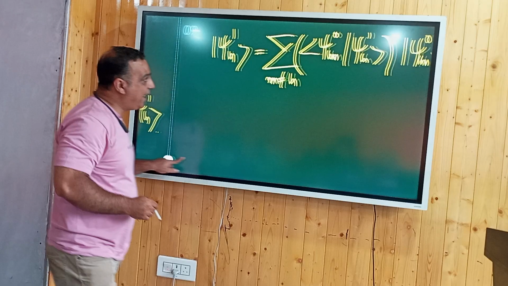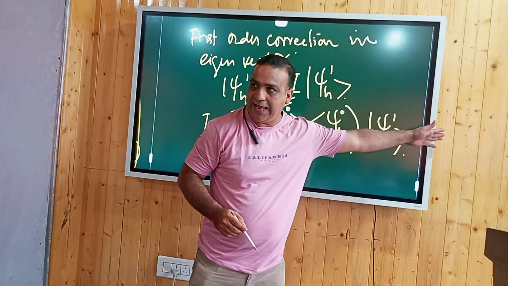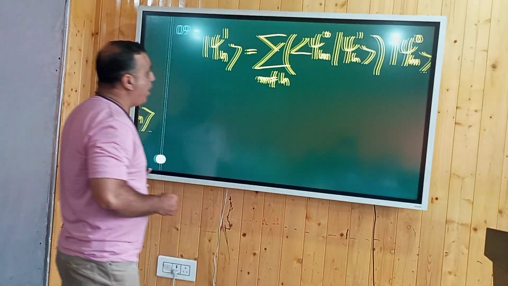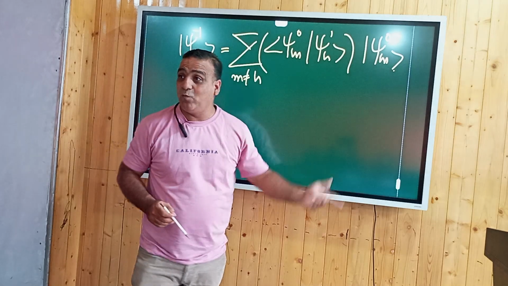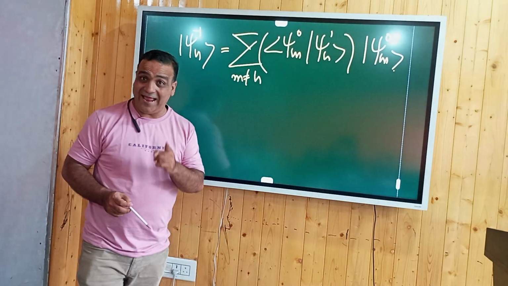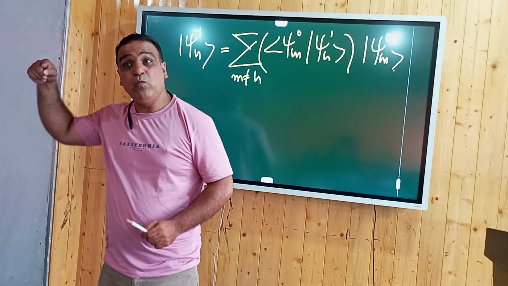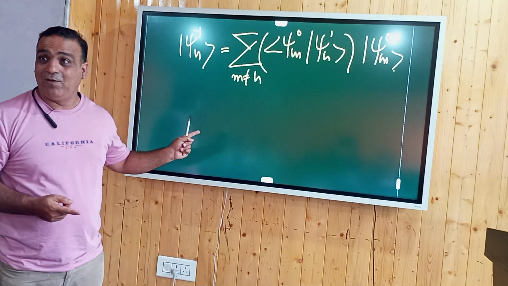Okay, you can see all I have done is I have got this one on the outer side. Now in the inner side, I have the inner product between psi m naught and psi n1. Do you remember? When I talked about orthogonality, psi n naught, psi n1, that's equal to 0. But that's not the case here. Why?